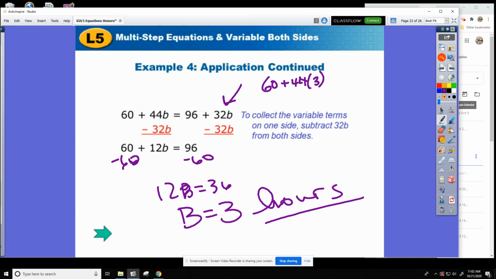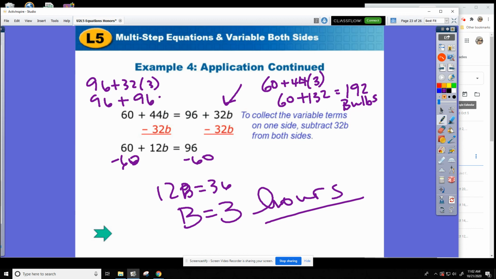So this is 120, 132, 60 plus 132, 192 bulbs. Those are flowers that you could plant if you don't know. Okay, so the other one is 96 plus 32 times 3, which is 96 plus 96, 180, 192. Yes, I got it both ways. So this is the second answer, and this is the first answer.